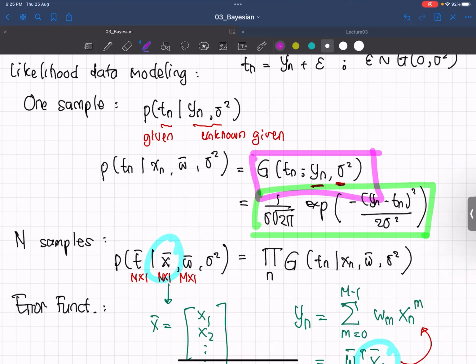Yn is the mean of your Gaussian function, and the peak is when yn equals Tn. So when yn equals Tn, you get the highest probability. If Tn is far away from your yn, the probability will be much lower.